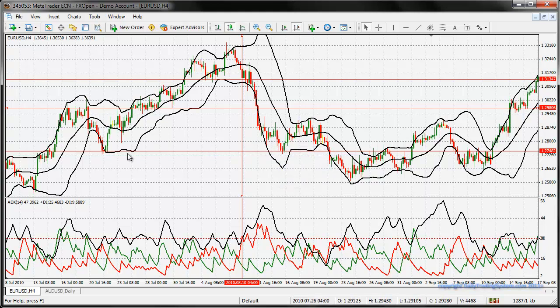And yeah, you can use these areas. I mean, you can see that this area right here is actually being respected over here, and the market kind of stopped there and went back up and actually stopped at the next bulge, which is around about there, and then it came down again, and we've got this other break of the candle below the Bollinger Band.